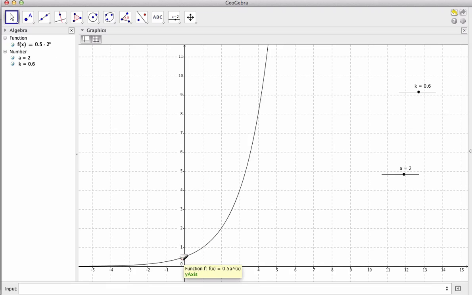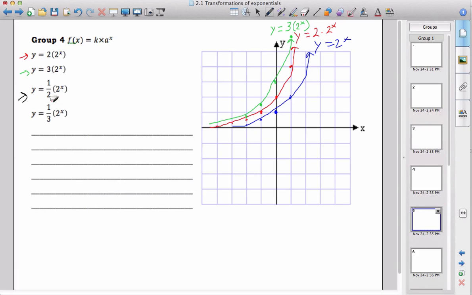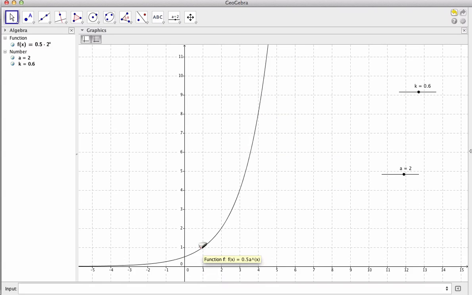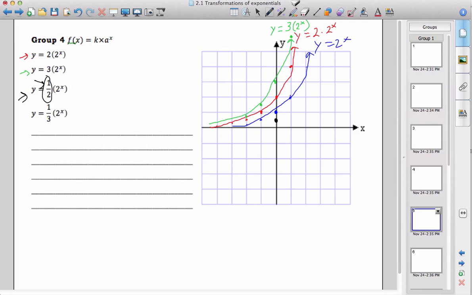So notice the y-intercept now is half, and this number is half. And then we have the point 1, 1 and 2, 2. So if you look at the graph of y equals 2 to the power of x, all your points are half as large. So we have a graph that looks like this. Y equals half times 2 to the power of x.